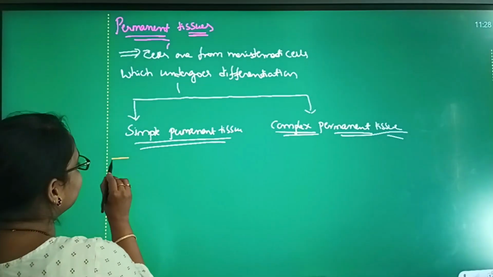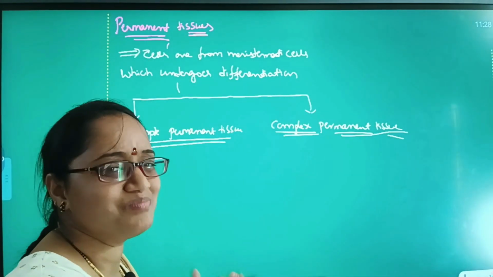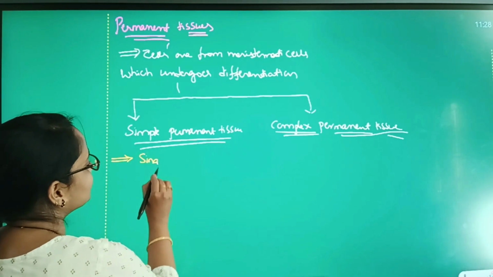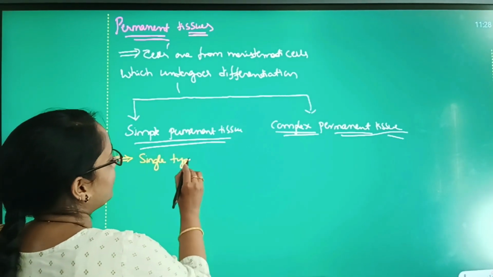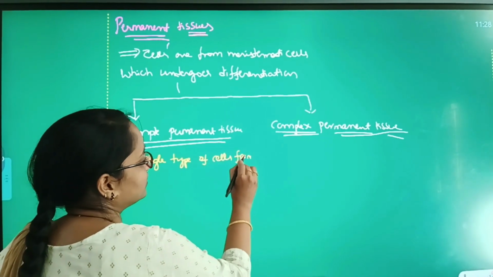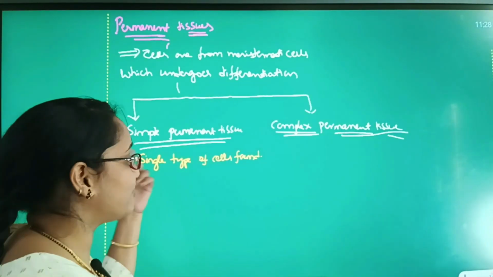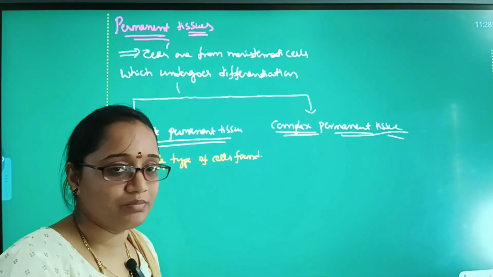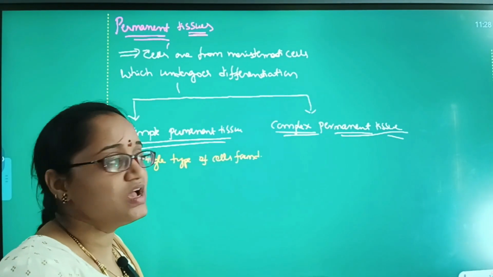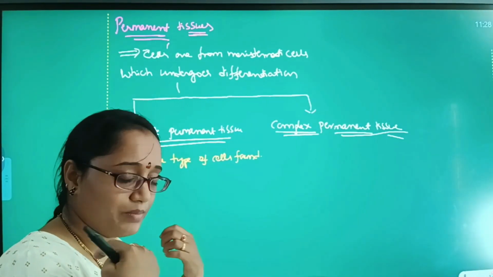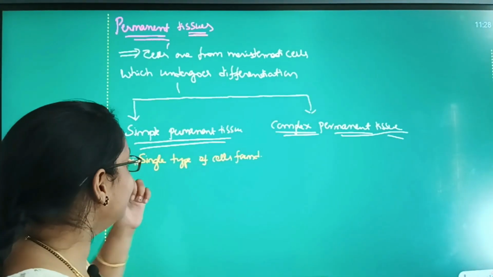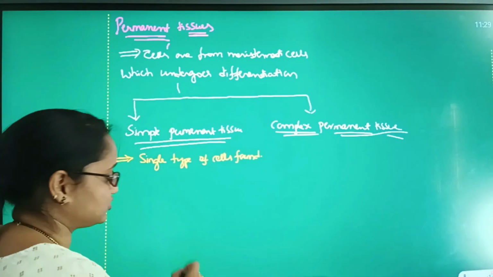The name itself gives an idea that a simple organization of cells can be seen, mostly a single type of cells. That means their function is also simple, because if one type of cells are there, they perform only one kind of function. When many different types of cells are there, they can perform different functions, right? So under simple permanent tissues we have three types of cells.